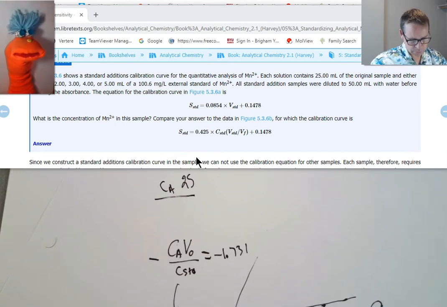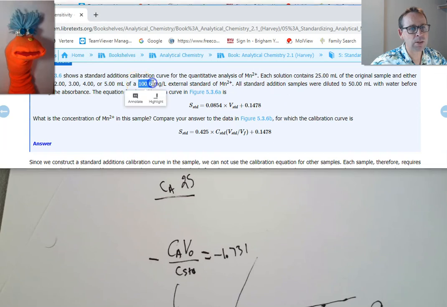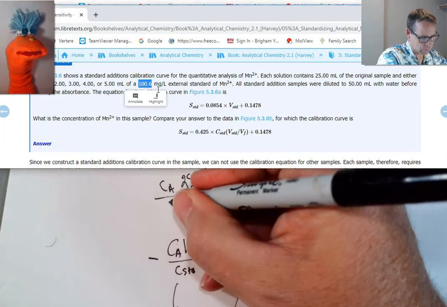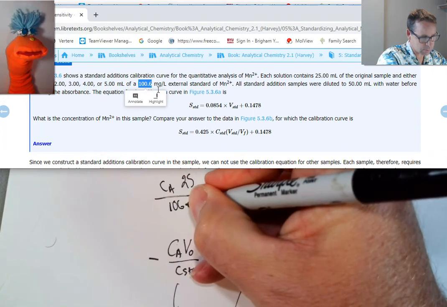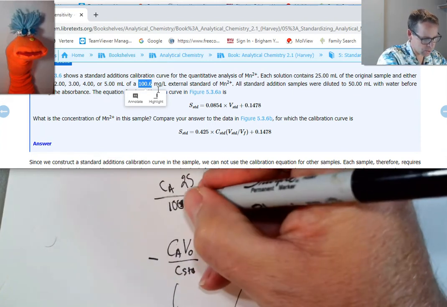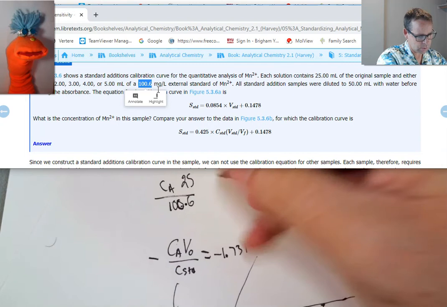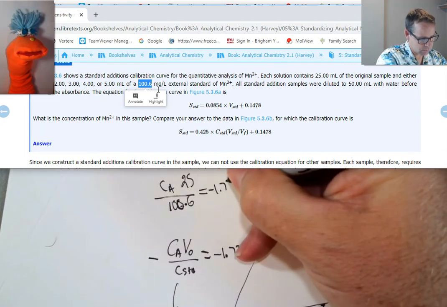The concentration of the standard was 100.6 parts per million, equals negative 1.731.